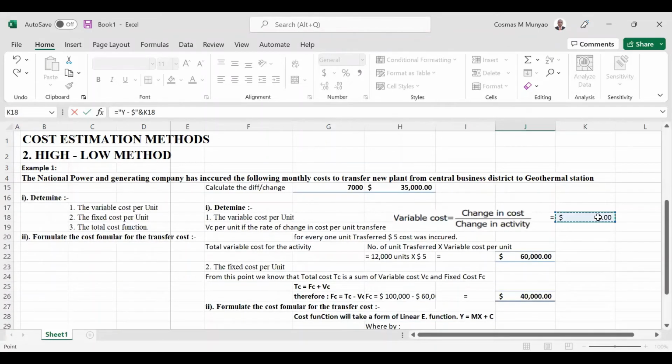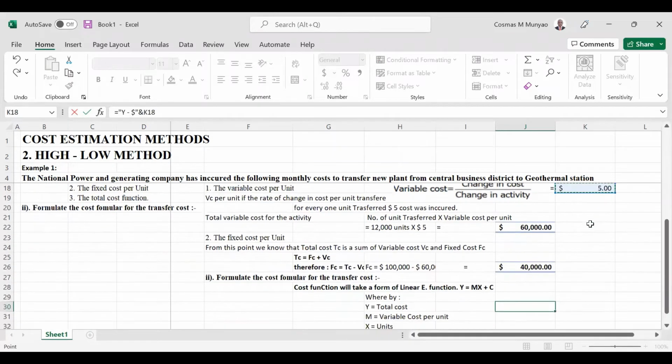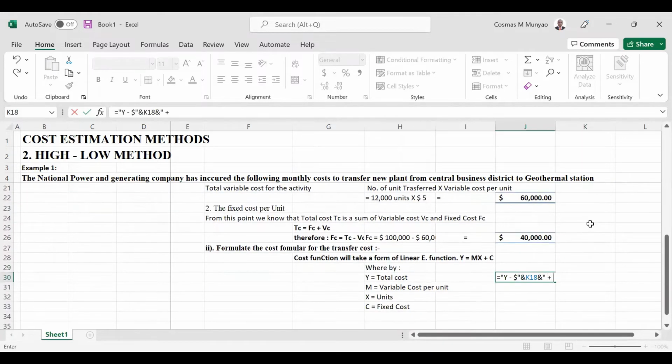Variable cost is 5, in brackets, plus fixed costs. That's it.